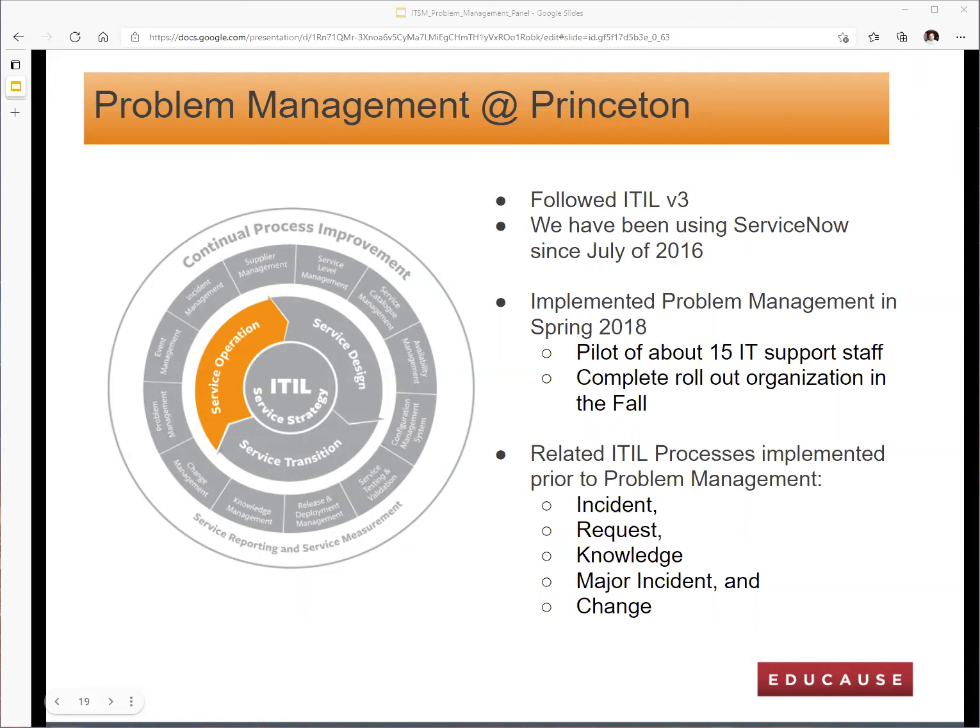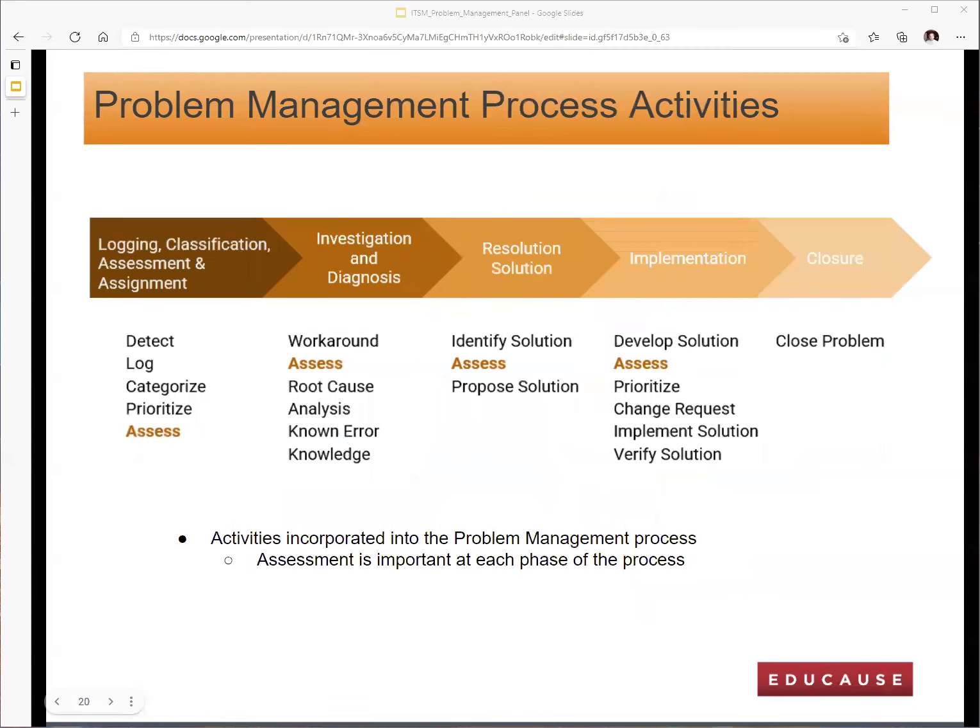The way we decided to implement problem management was we did a pilot. In the spring of 2018, we got about 15 people who we felt were very engaged problem solvers. We created the process, rolled it out and trained them, had them use it for a while, got their feedback, and then we rolled it out to the organization later that fall.